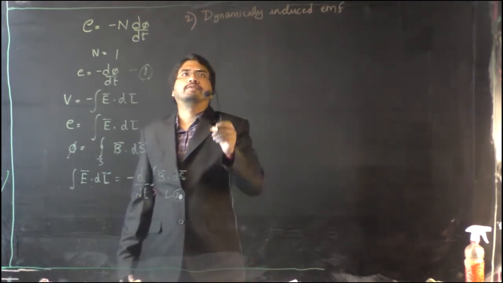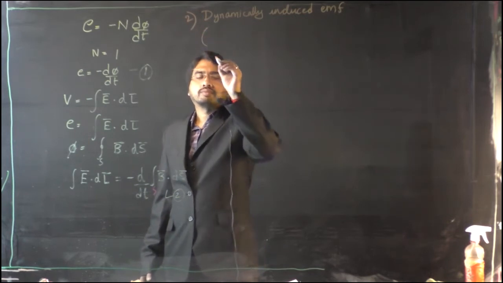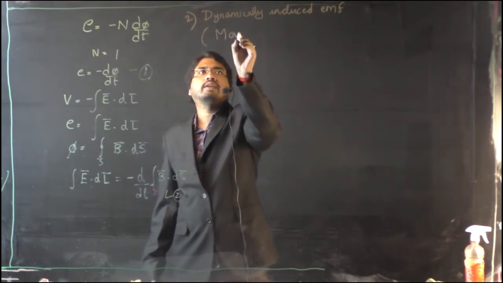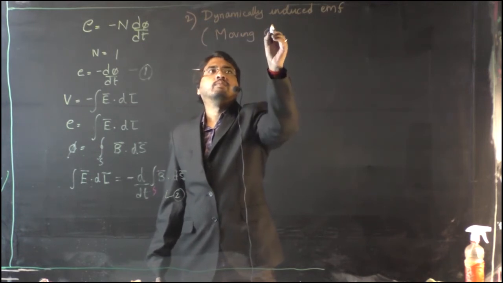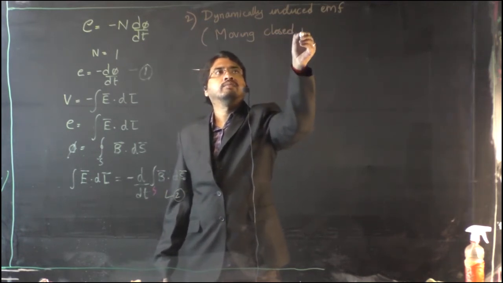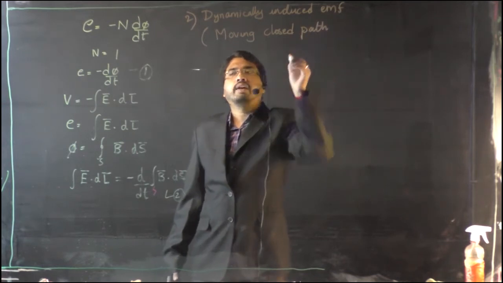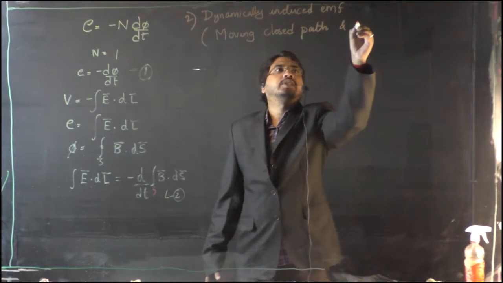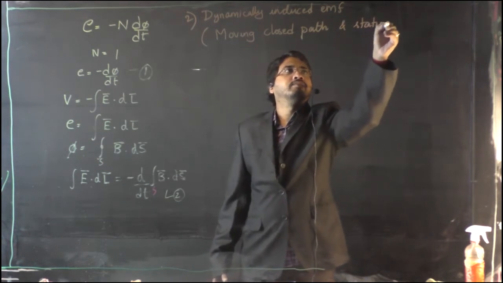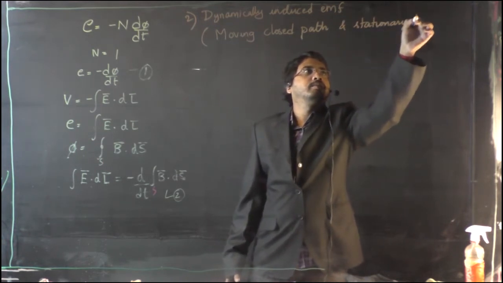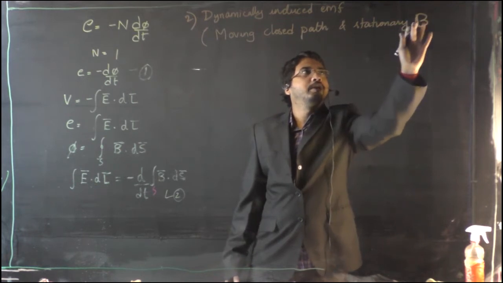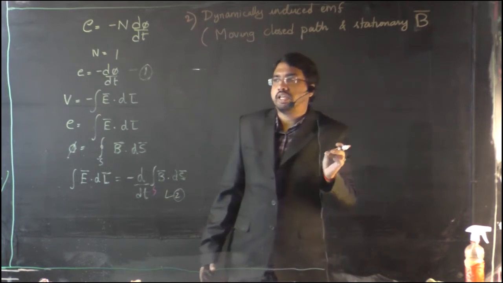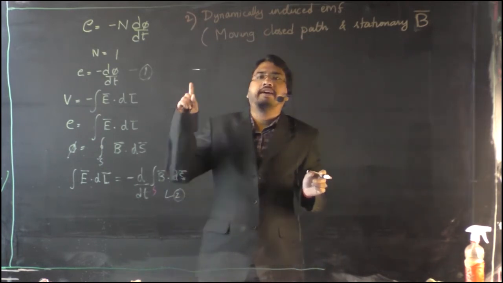Dynamically induced EMF means the closed path or conductor is moving, and the magnetic field is stationary. Stationary magnetic field, that means B bar. So what is the first case?